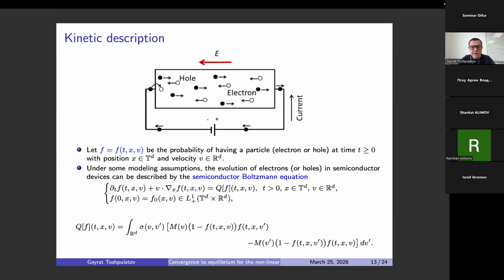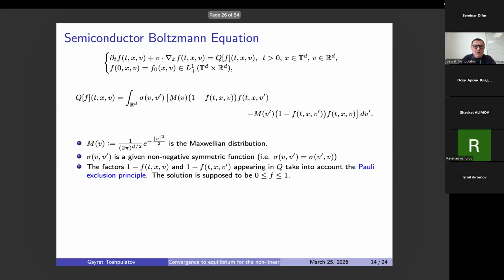It has the same nonlinearity as the classical Boltzmann equation, but it differs a little bit. In this operator Q, we have functions. M appears here. M denotes the Maxwellian distribution, also called the Gaussian distribution.